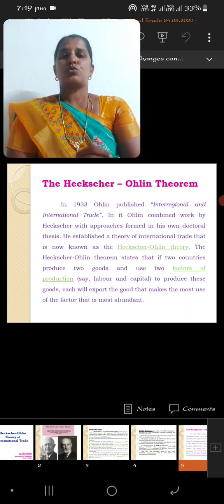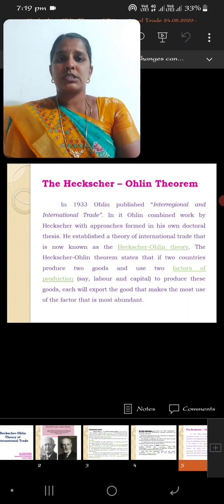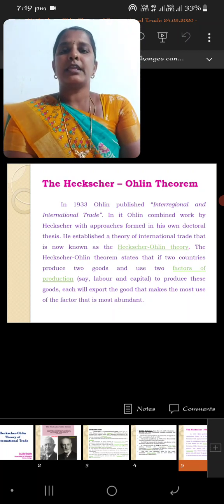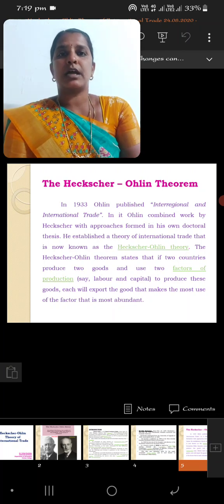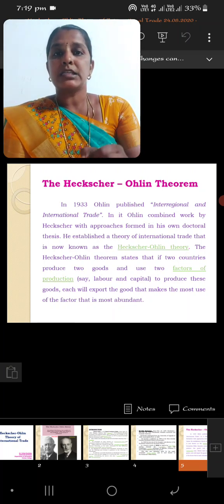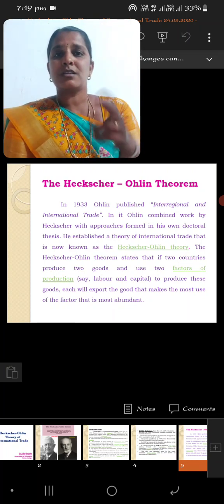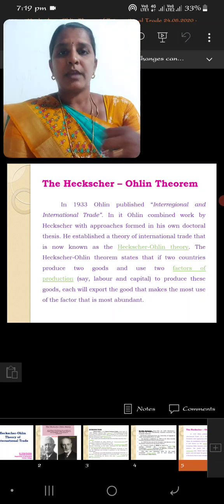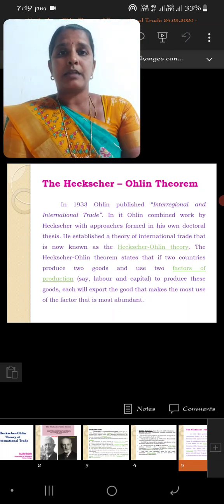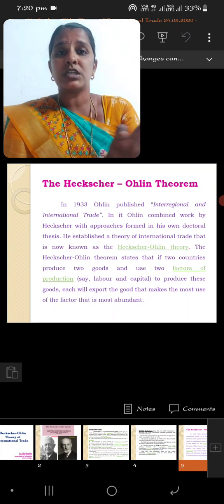According to this Heckscher-Ohlin theory, in the year 1933, Ohlin published Inter-Regional and International Trade. What is the difference between inter-regional and international trade? Inter-regional trade is trade within the country. That is the simple meaning of inter-regional trade.